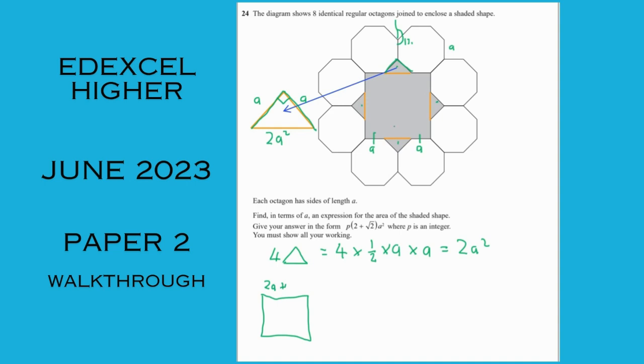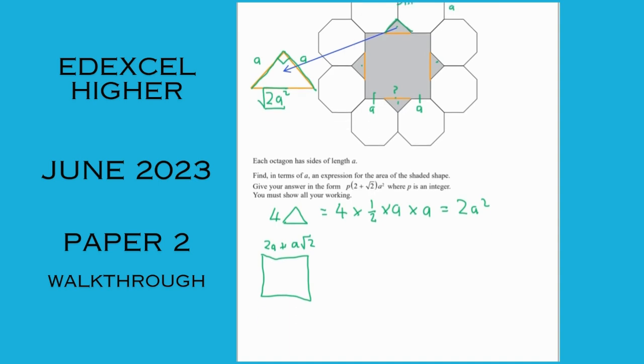But there's also that bit there. Good news, we've kind of got it. Because we know A squared plus A squared, 2A squared, let's not forget, needs square rooting. So it's A root 2 for the side length of the square.